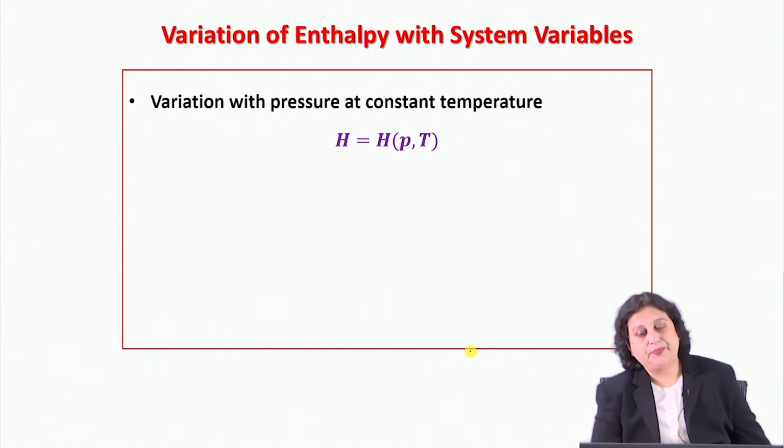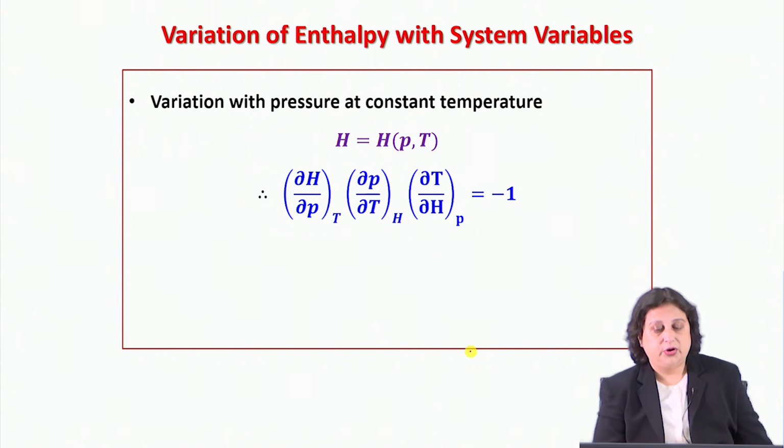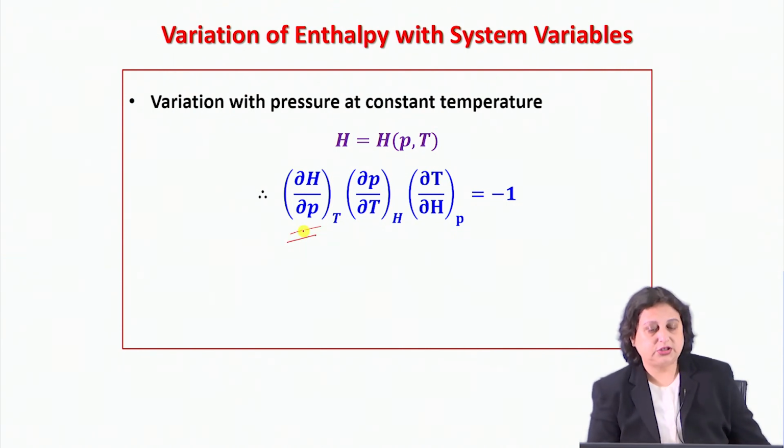Let me start from this equation once again. I want (del H / del P) at constant T. So I use the chain rule once again and write down the chain rule involving this partial differential equation.